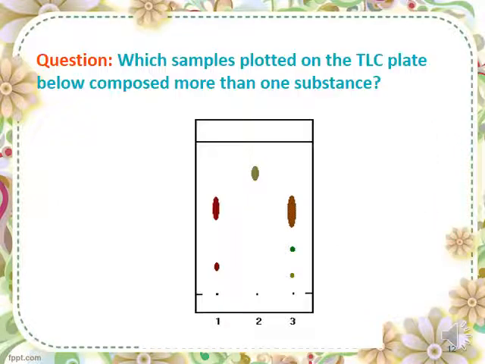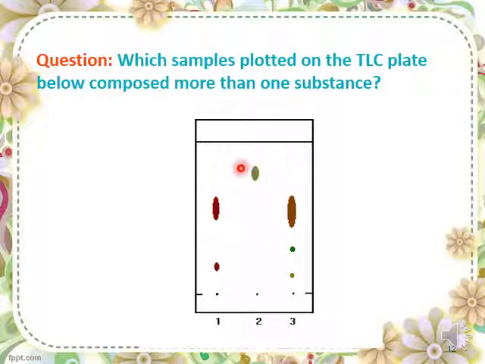Question: which of sample 1, sample 2, and sample 3 is composed of more than one substance? If your answer is 1 and 3, that is correct.